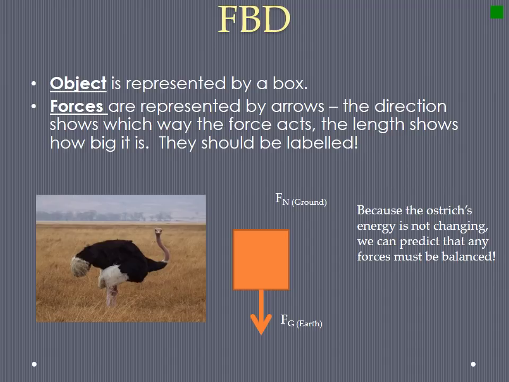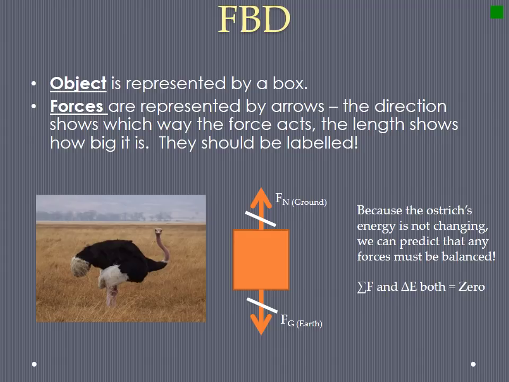But this ostrich is not falling down, so there must be a force balancing it. What force could that be? It is the normal force, and we will find that it will be equal and opposite to the force of gravity, and that is why we know the motion of the ostrich is not changing relative to the ground.